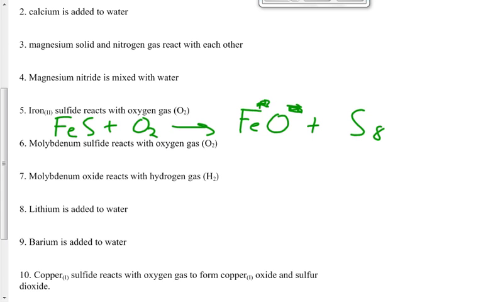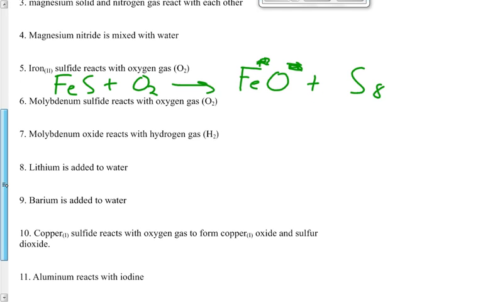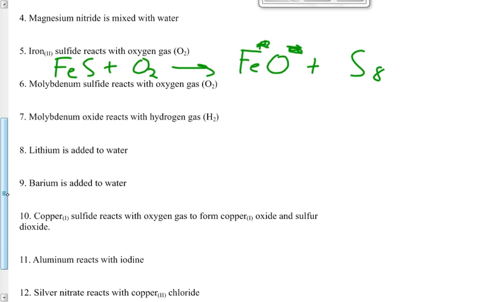Other things I'm seeing here, once in a while you'll have something like number 7 where molybdenum oxide reacts with hydrogen gas. Now hydrogen is special, it's written here as H2. So molybdenum oxide is going to be MoO. What's the most common charge on molybdenum? Is it 6?